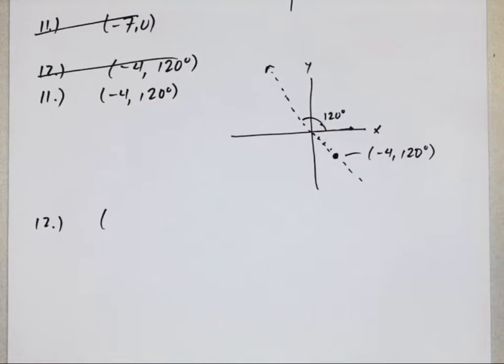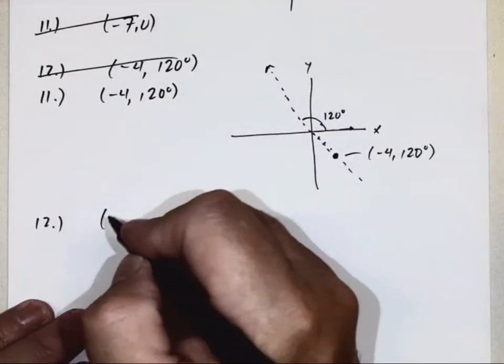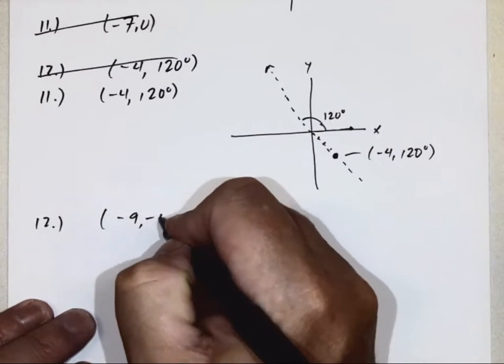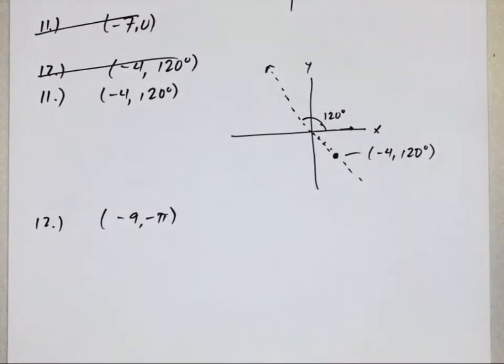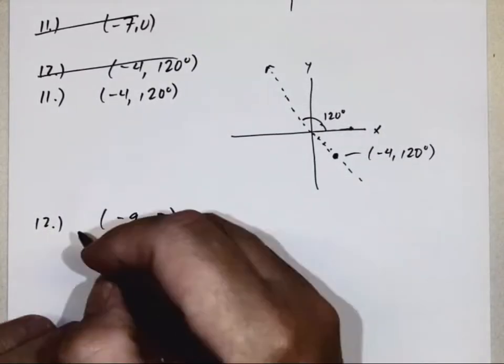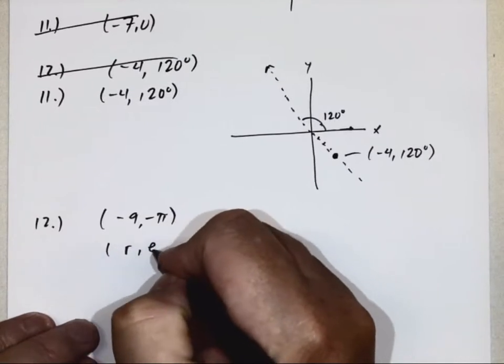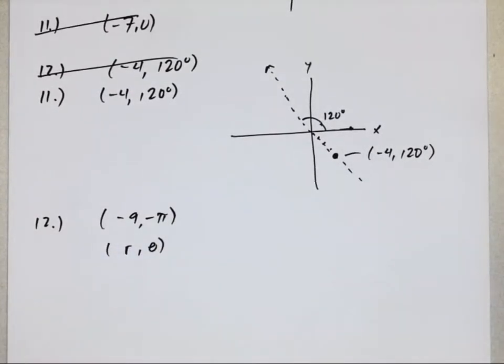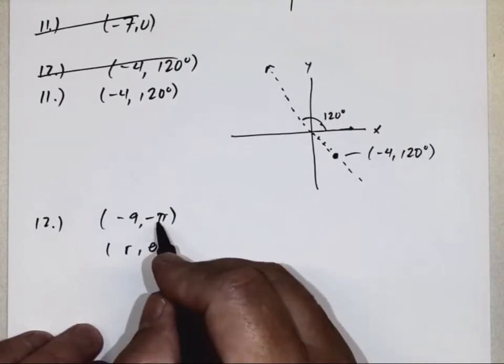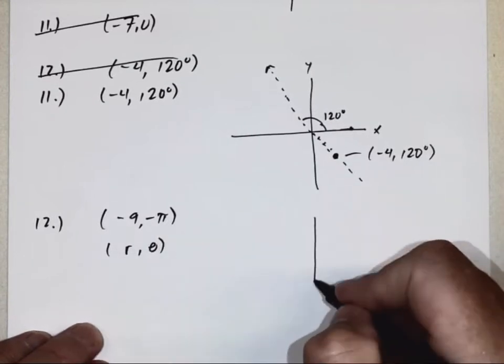So actually, once I finish the homework, this is going to be number 12. There's the polar coordinates. -9, negative pi. Now the difference is the angle here now is in radians.